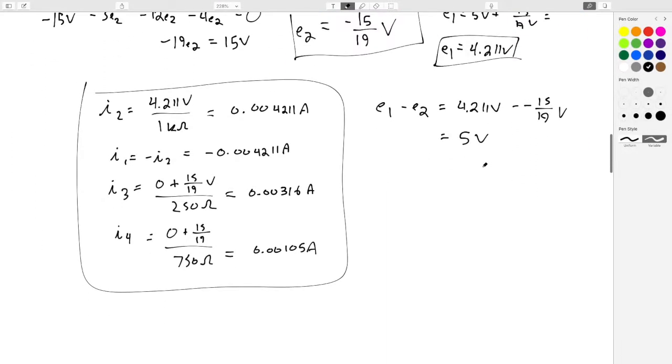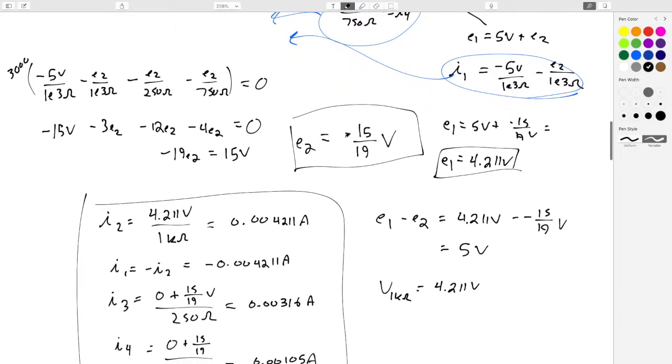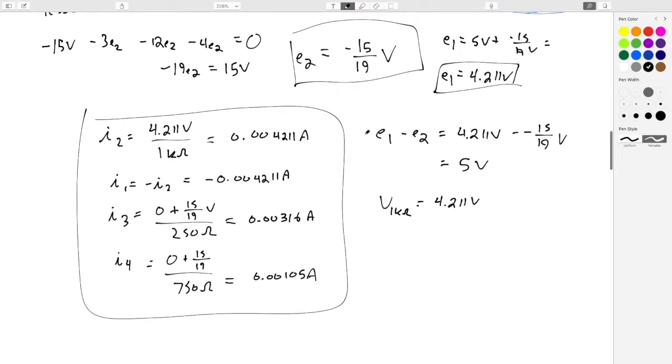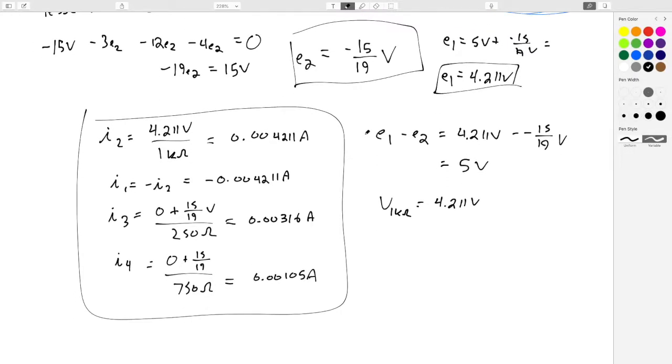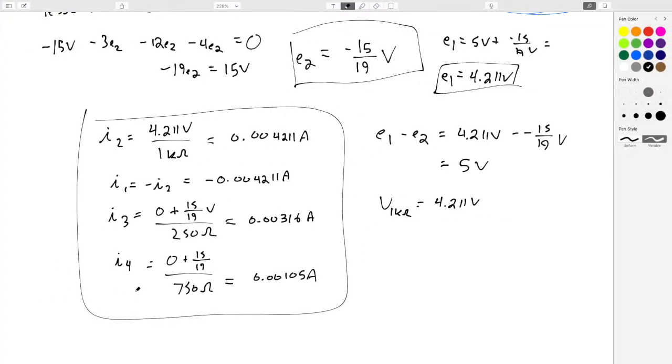E1 is 4.211, so V across the 1 kilo ohm, going left to right, was 4.211 volts. Voltage across the 250 ohm resistor is 0 minus E2, or 0 minus negative 15 over 19, or whatever. What is 15 over 19 again? 0.789.